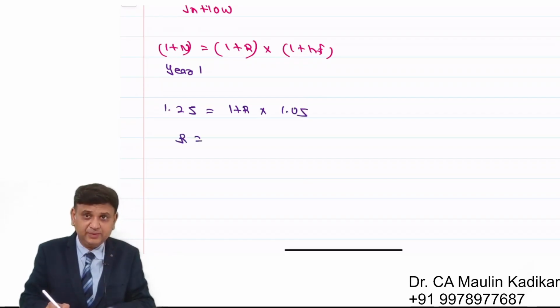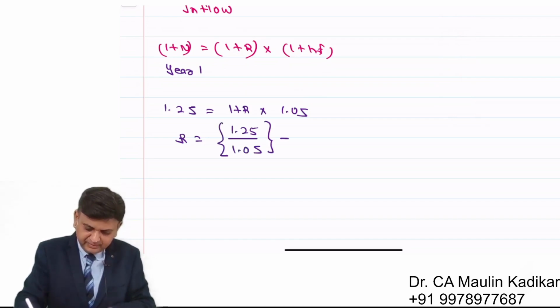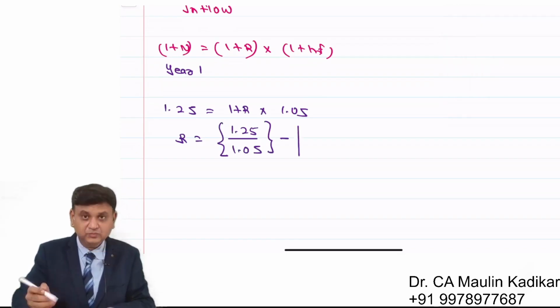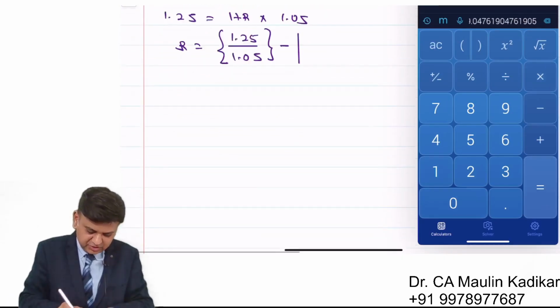So the real cost of capital is 1.25 divided by 1.05, minus 1. So please use your calculator. 1.25 upon 1.05, whatever the answer, minus 1, into 100. 19.05%.